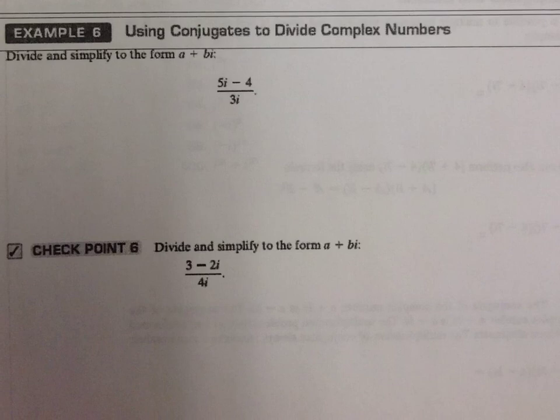You only have to multiply by what's on bottom. Well, actually, not the whole thing. We only have to get rid of the i. And we know that i squared is -1. So we can just multiply by i in this case on top and bottom.